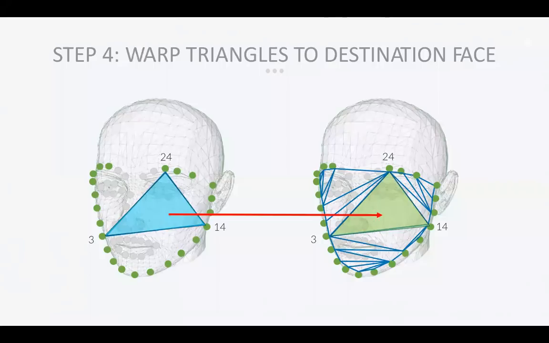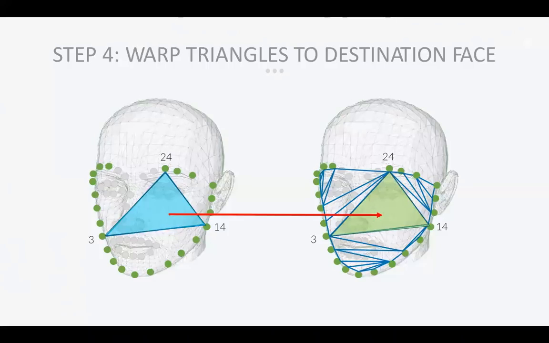And then what you need to do is take the triangles on the source image, so the triangles on my face, and warp them onto the destination face, so onto Bradley Cooper, using a transform called affine warp. Now, affine warp is built into OpenCV, so you don't have to write that code yourself. You can just call the OpenCV function to do it for you.